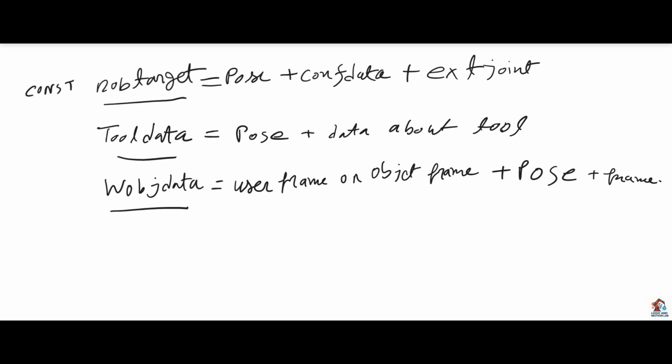So it should keep the last data it has, so this one will be persistent. As for work object data, you are telling the robot this is your work area. If you change it, you just need to update the work object data, and the last value should be kept. So this one will also be persistent.